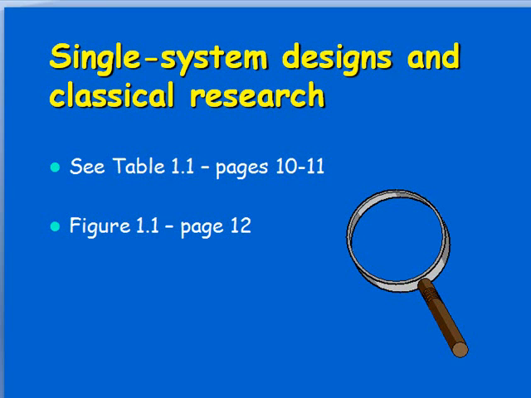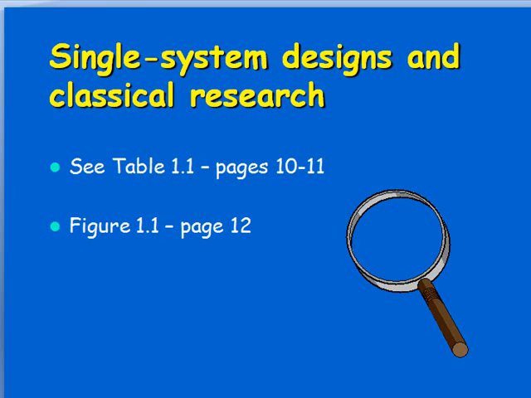I mean, certainly the costs of single system design are low, whereas for classic research they're high. There are limitations to single system designs. We can't generalize to a lot of people, whereas classic research has more external validity, generalizability, as I look through this list.